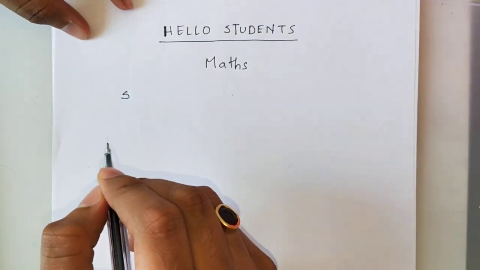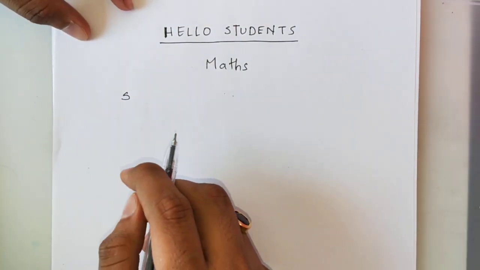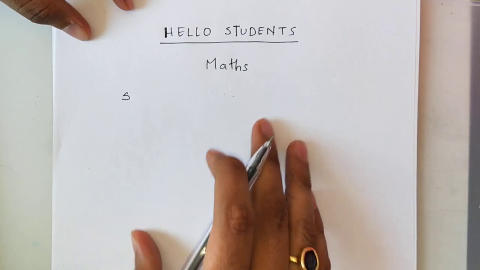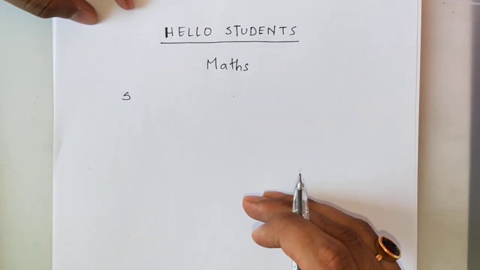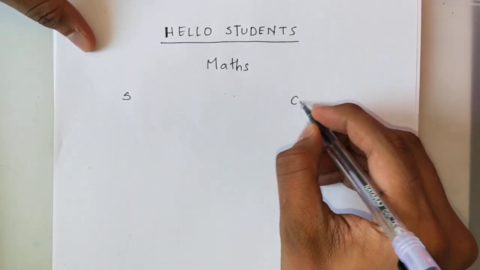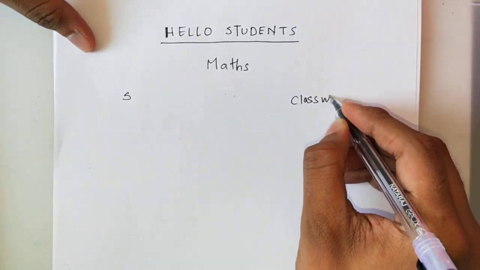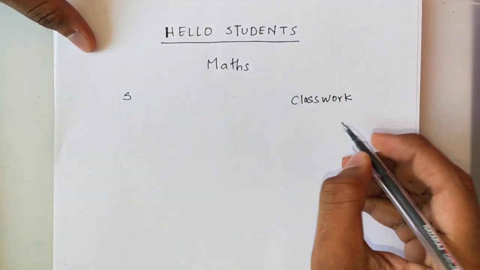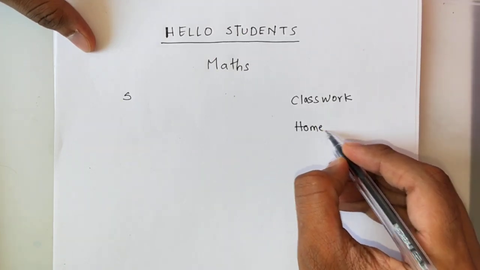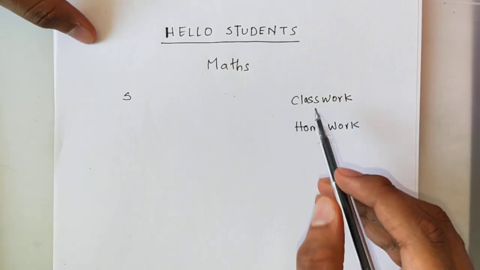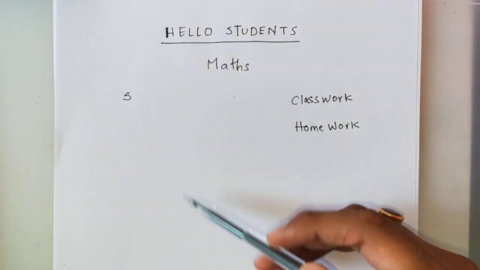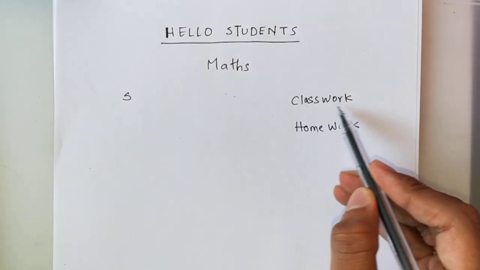I want you to keep your textbooks open in front of you. Whatever I write here, you must copy in a separate notebook. You have to maintain two notebooks, one for your classwork and another for your homework. Whatever I teach you in class, right now it is in videos, you must copy in the classwork book.